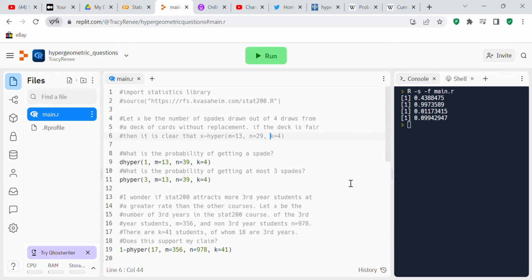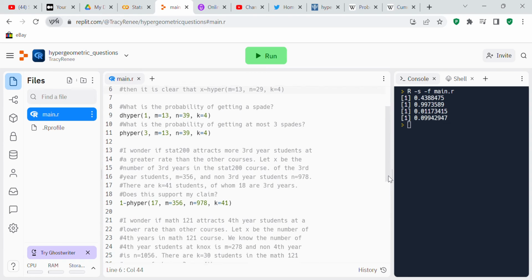And the answer to that is 0.9973589. So you get a probability of 0.99. So that is your first example.